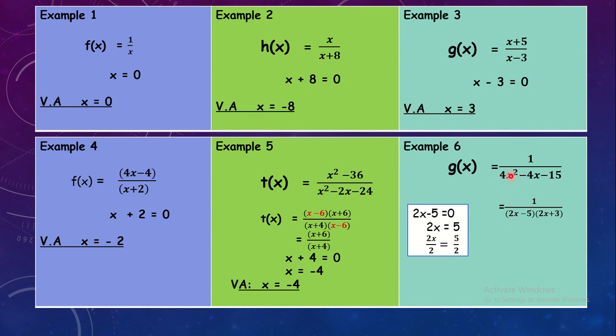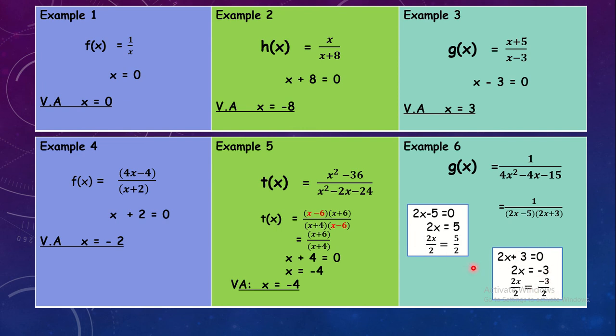So now po, kapag finactor ko to, etong makukuha ko, 2x minus 5, 2x plus 3. Okay? So, get the first binomial. Ayan. So, the first answer is 5 over 2. Tapos, dun sa 2x plus 3, transpose ko siya, negative 3, and then lipat.